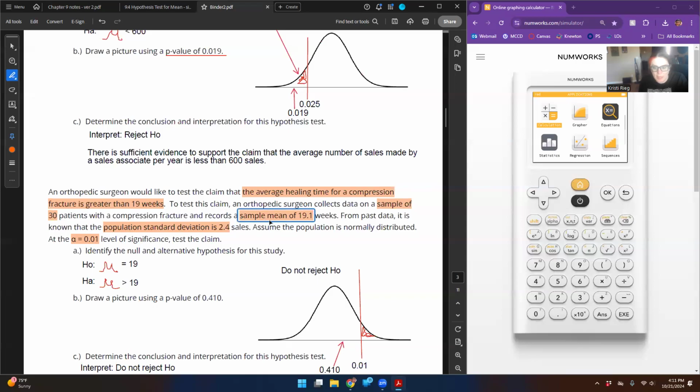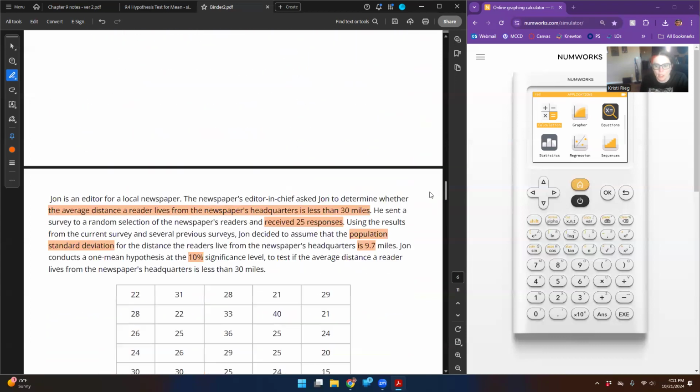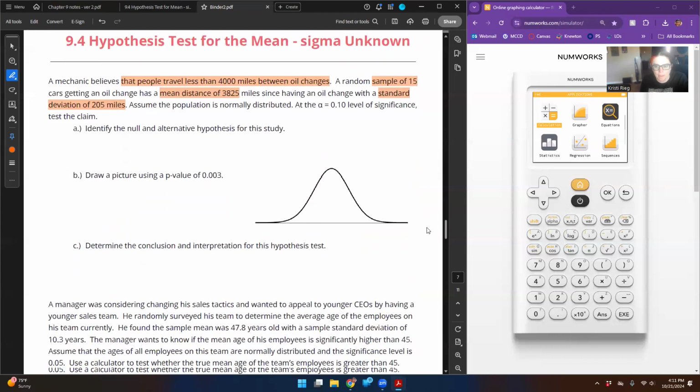It says it's a sample mean, and then a new sentence says population standard deviation. Whereas this problem that we are currently on, it says in the whole sentence that we're talking about a sample, the sample has a mean and the sample has a standard deviation. So we're talking about S, which means sigma is unknown. Assume the population is normally distributed, and we have alpha equals 0.10 level of significance.